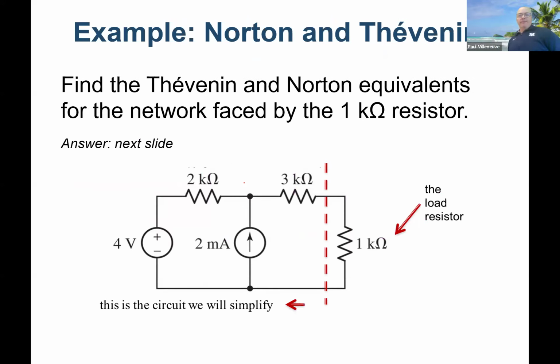All right, 5 minutes. Find Thevenin and Norton equivalents of the network faced by the 1K ohm resistor. So if you're not sure what that means, you can ignore that as part of your Thevenin and Norton. You can use whatever you want.